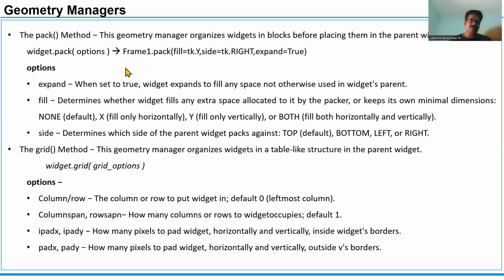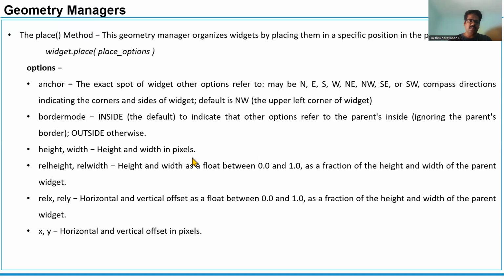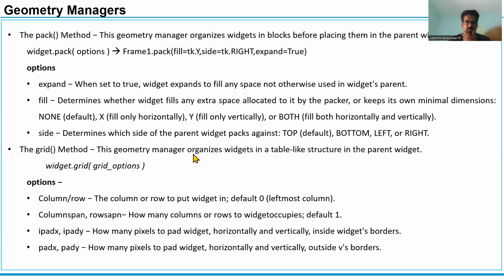The first is the pack method, then grid, and then the place method. When you are going for pack, we call widget.pack. And here these are the options: fill, side, expand. These are the options we can use inside the pack method.